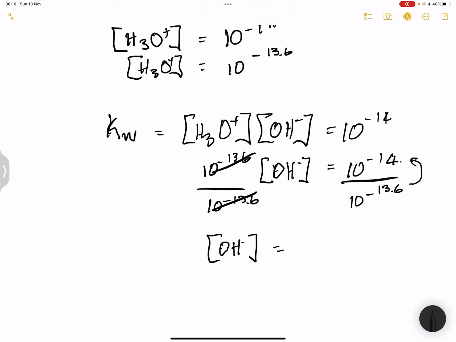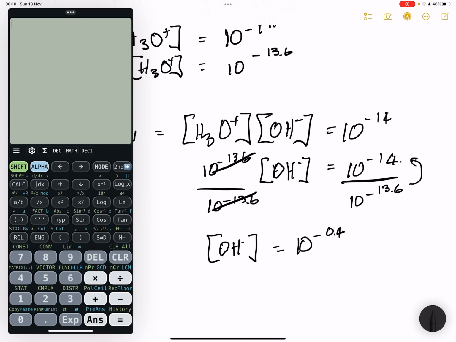So I'll have negative 14 plus 13.6, and that would give me 10 to the minus 0.4, I believe, right? So we can actually calculate for that instead.